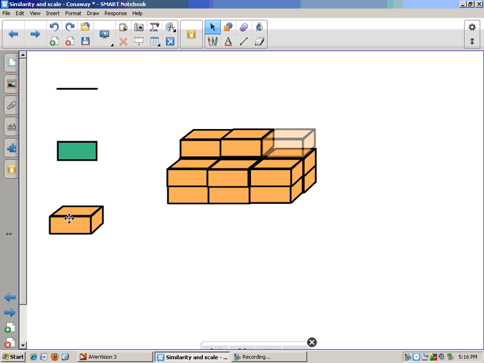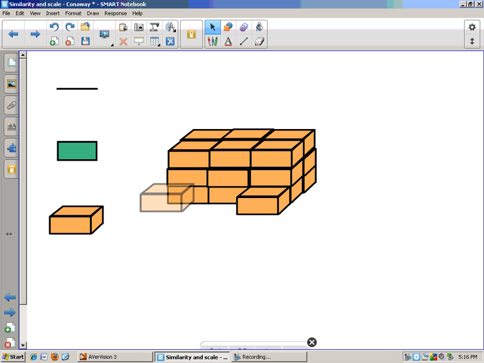And we can't forget, it's got to be 3 times deep. 3 times as deep.